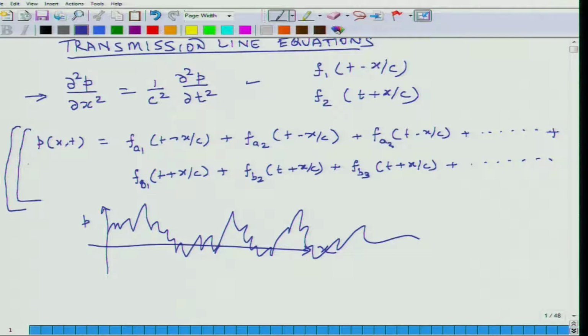What we have learnt in our earlier classes, not in this particular course, but earlier while we were doing our first or second year of physics or engineering, is that some of these functions, especially if they are repetitive in nature, can be represented as a sum of sines and cosines.